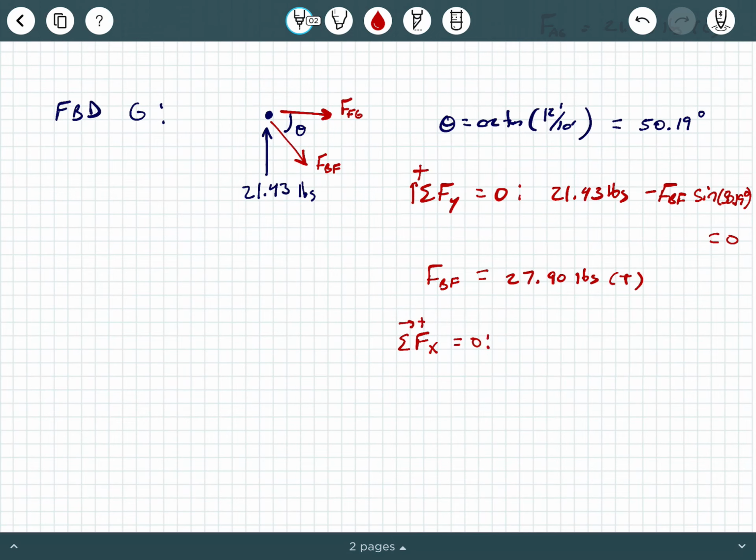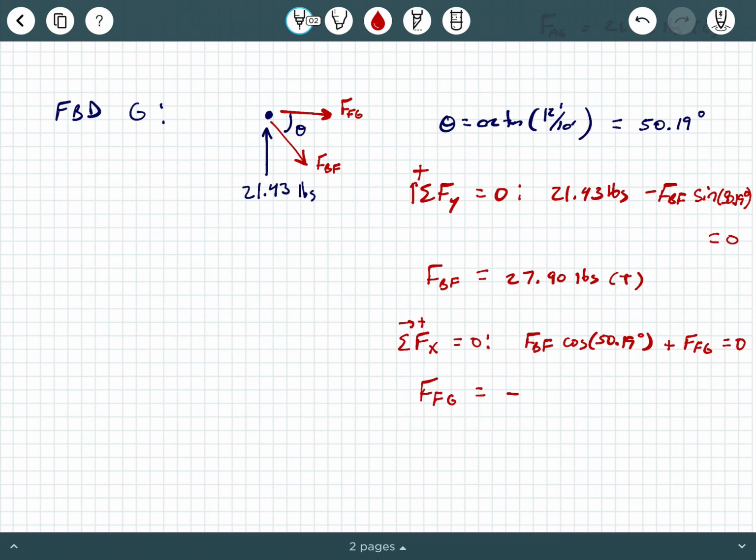And then we're going to say sum of the forces in the x direction equals 0. And when we do that, we're going to say FBF times the cosine of 50.19 degrees plus FFG equals 0. And we know FBF, right? We just calculated it, so we can get FFG directly, and it will be a negative value.